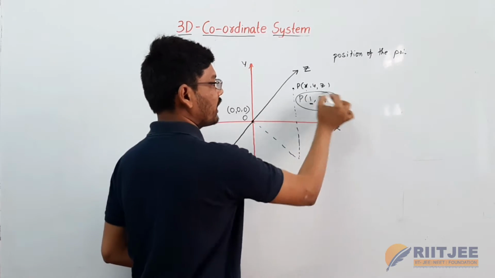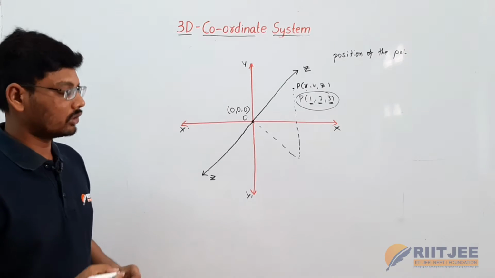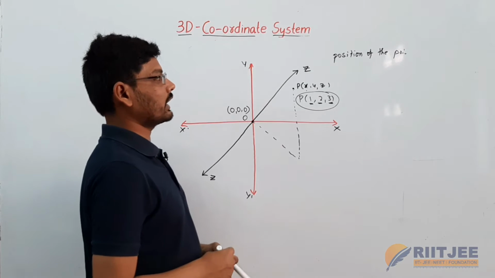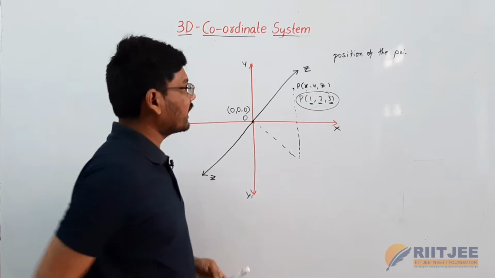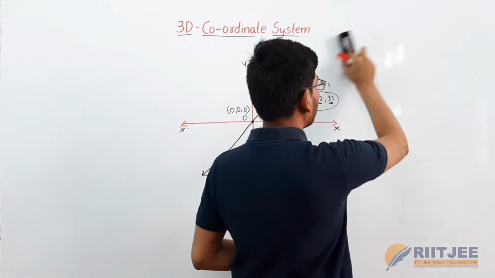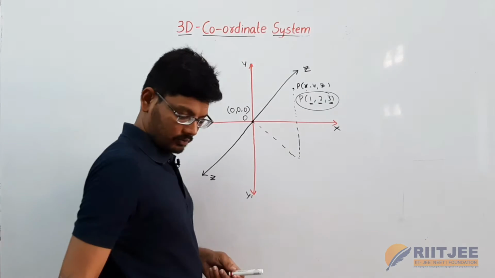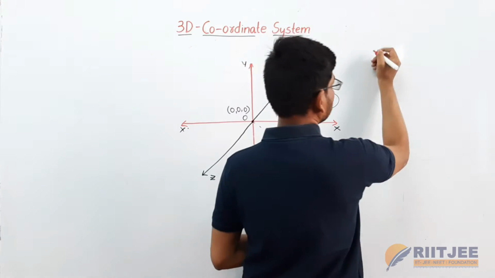Then the position of the point is 1, 2, 3. So in the same way we can write many points in this 3D coordinate system. Now here we have to discuss the position of a point.